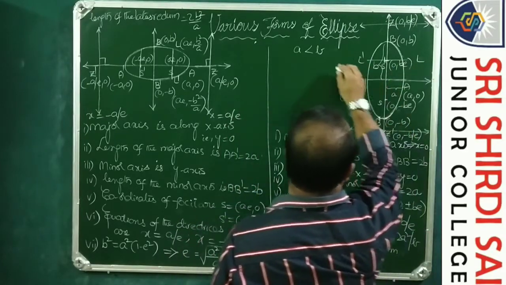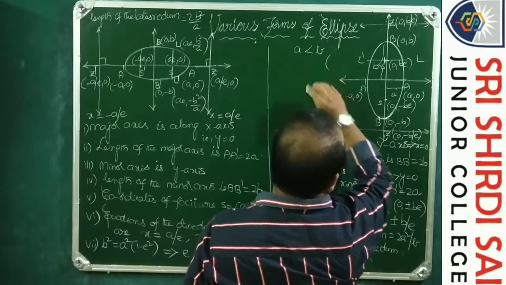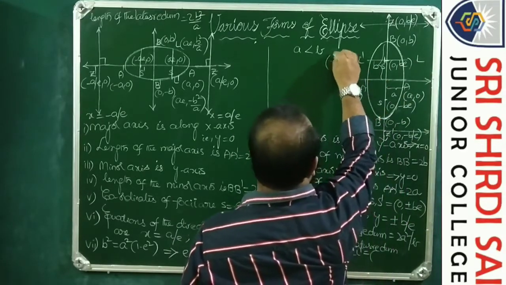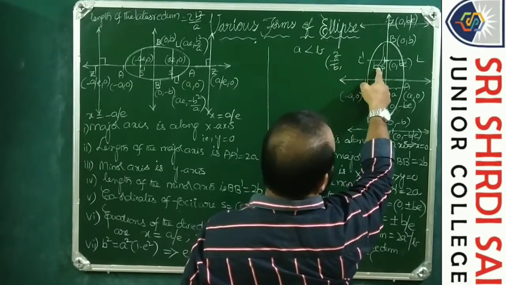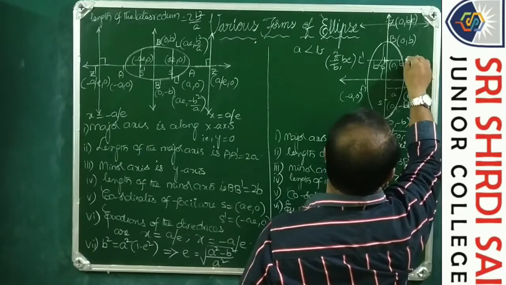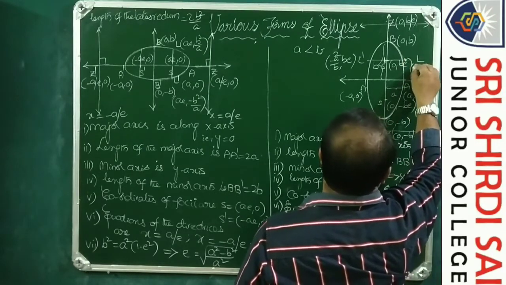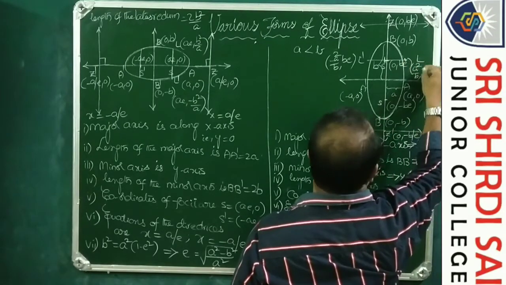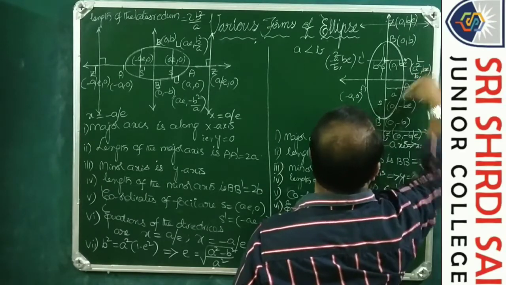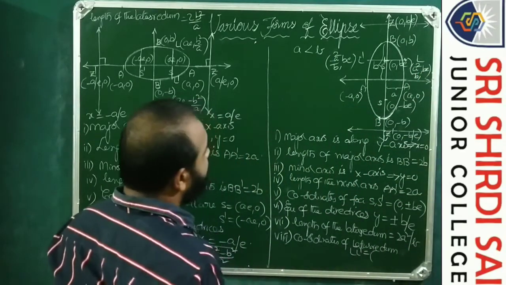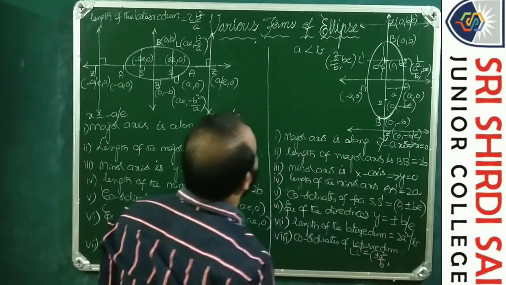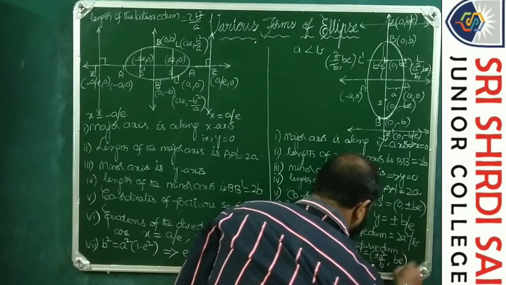So this is minus a square by b comma be. This is a square by b comma minus be. Plus be. So this is equal to plus or minus a square by b comma be.